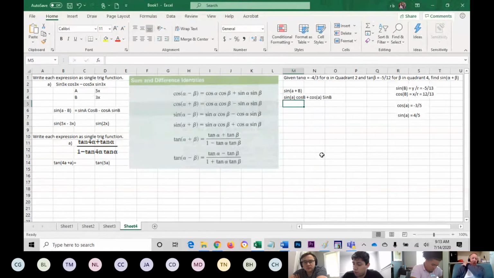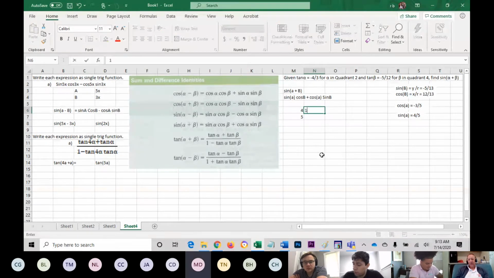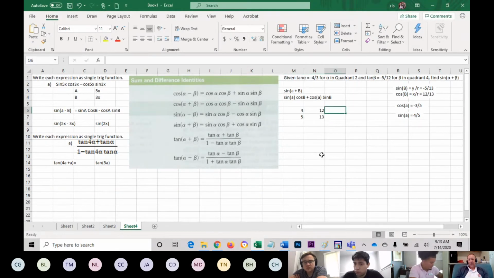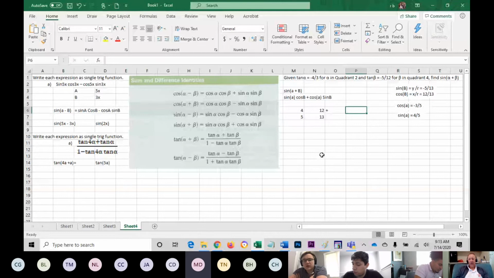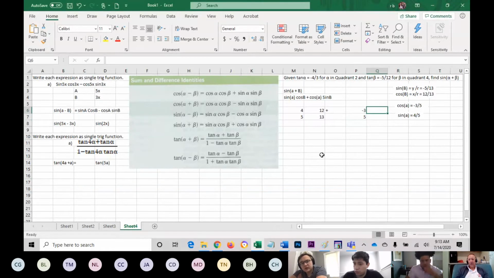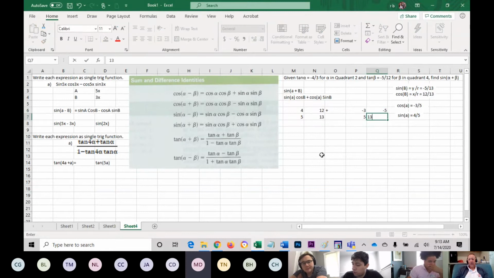Okay. So in this case, the sine of alpha is what? 4/5. The cosine of beta is 12/13. We're going to add that to negative 3/5 and negative 5/13.